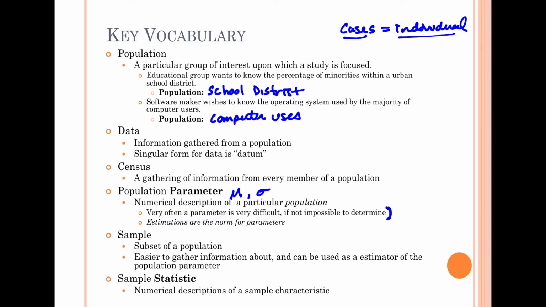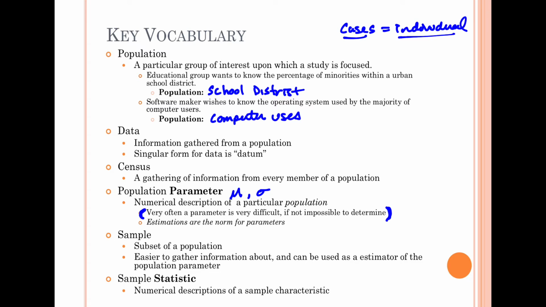Most of the time, population parameters are really difficult to determine, mostly because the population is too large for us to actually talk to everyone within it. And so we end up settling for estimations of our parameters.